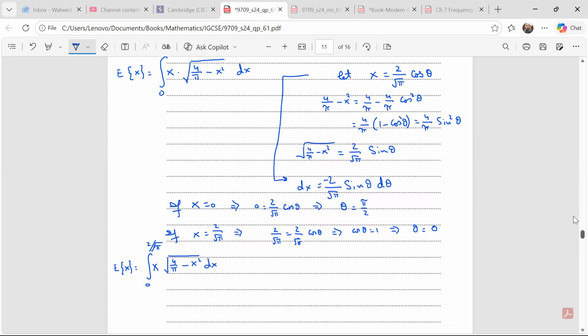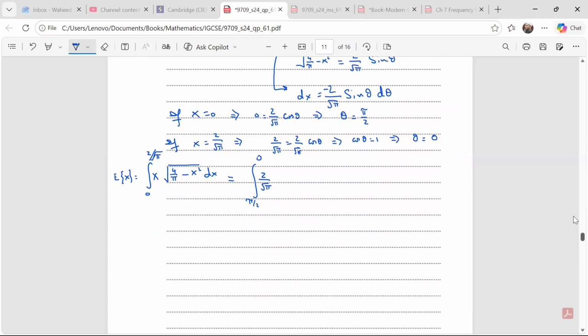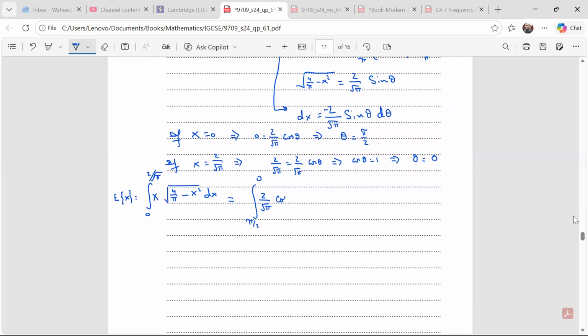So this will become, when x is 0, it is pi by 2. And when x is this value, the theta is 0. And x was equal to 2 over under the root pi into cos theta. Okay, this is for x.